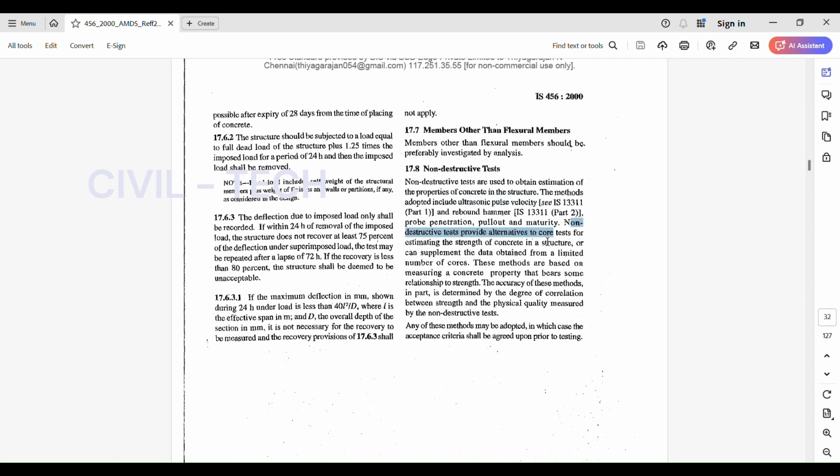Non-destructive testers provide an alternative to core testers for estimating the strength of concrete in a structure, or can supplement the data obtained from a limited number of cores. So if the core test count is minimal and the 3 cores are unable to be taken, we can alternatively consider the non-destructive test results too.